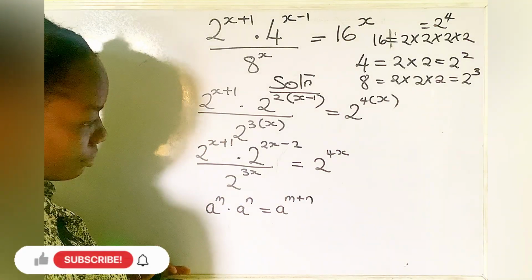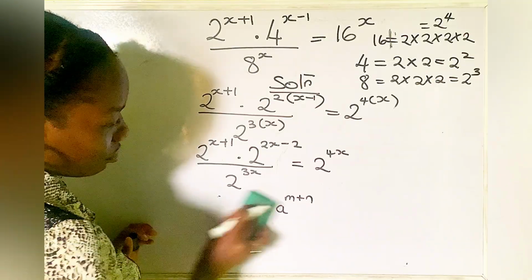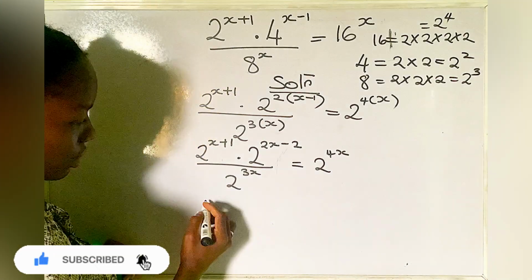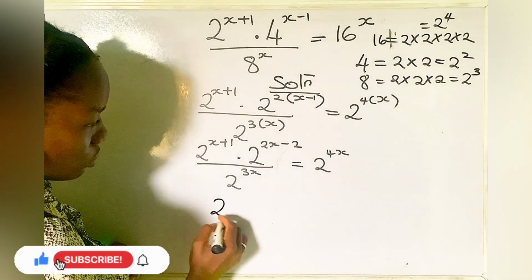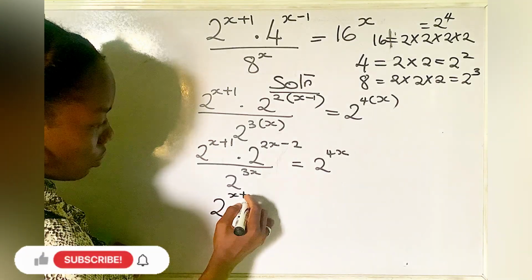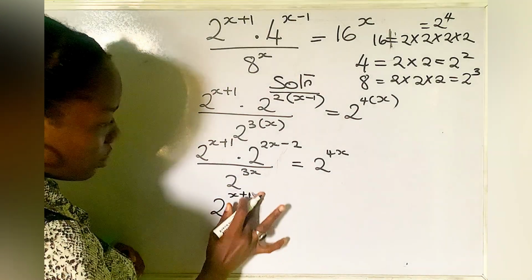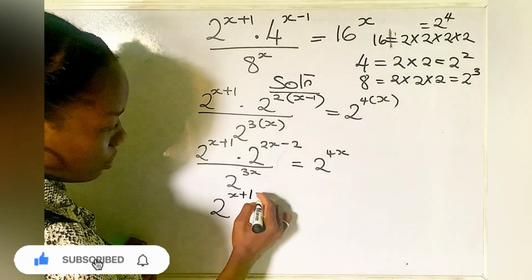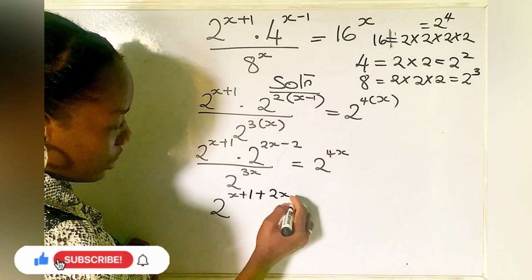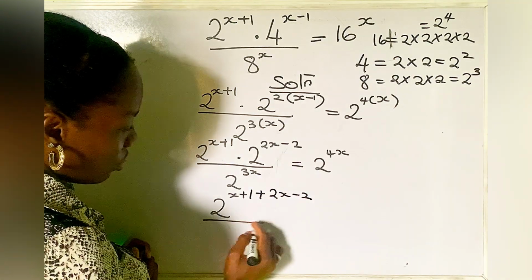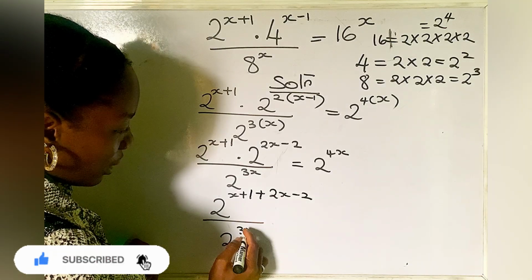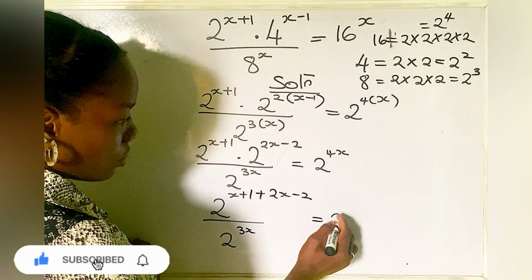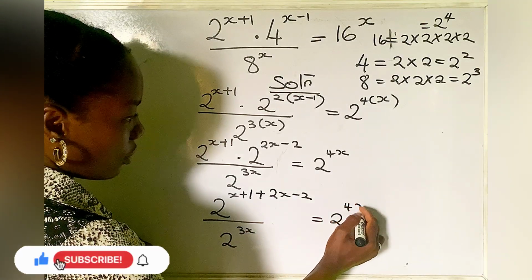Okay, now we say this will be 2 to the power of x plus 1 plus 2x minus 2, all over 2 to the power of 3x, is equal to 2 to the power of 4x.